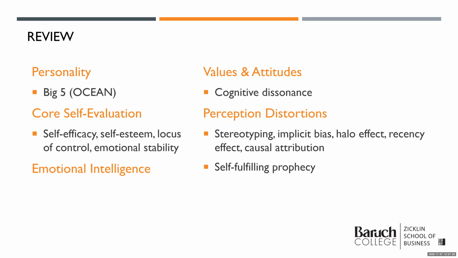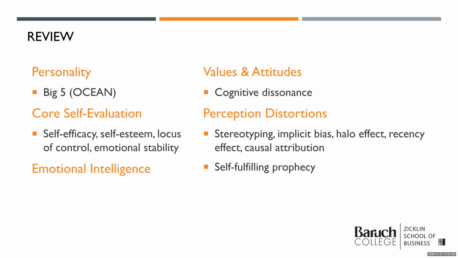That's a proxy that employers use in order to get a sense of some of the traits that correlate with work performance. That's why it's very important for you all to do well in college and in your courses.